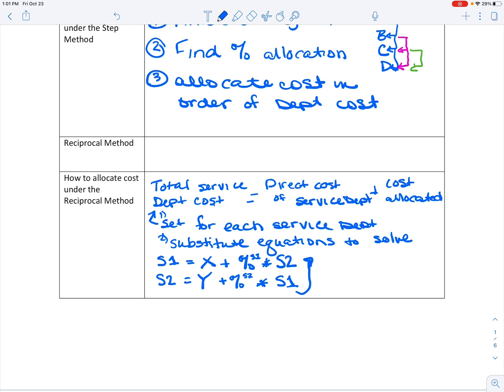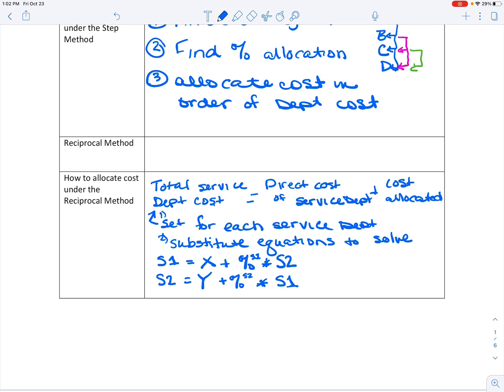I'm going to take and substitute these equations so that I only have one equation. So I'm going to take this second equation, service department 2 is equal to Y plus, actually let me write, I need a lot more space.